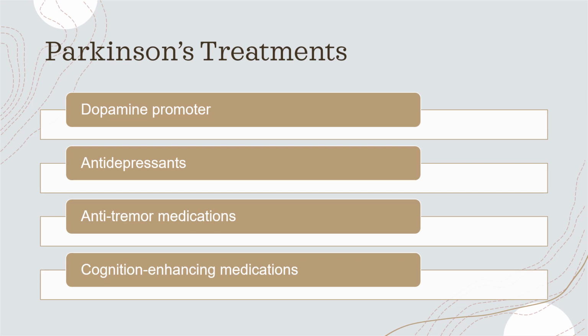So treatment for Parkinson's, again, kind of like Alzheimer's, we do not have a cure for Parkinson's, but there are certain medications that can target specific symptoms and help slow down the progressive decline that we see in both the motor and the cognitive domains. One of the most common medications prescribed for someone with Parkinson's is called L-Dopa, which is a dopamine promoter.